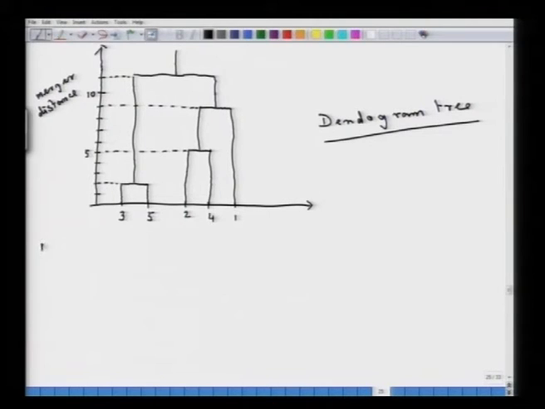Now, an important point to be noted in these types of hierarchical cluster analysis is how to decide on the viewpoint of looking at the clusters being formed.